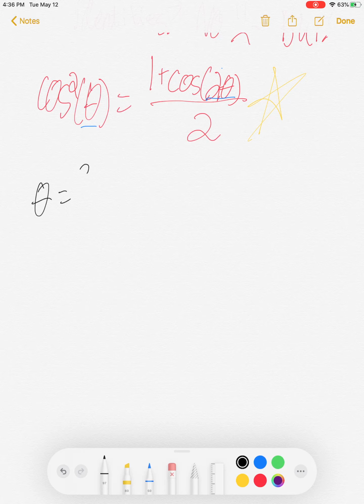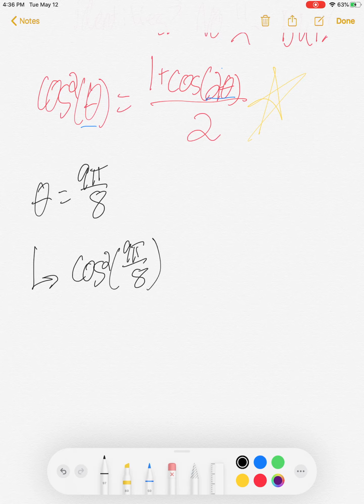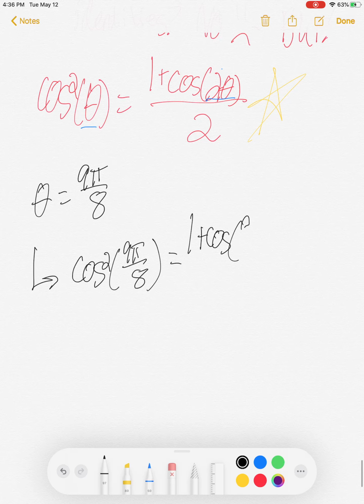If I let theta be 9 pi over 8, then cosine squared of 9 pi over 8 is equal to 1 plus cosine of 2 times 9 pi over 8, which is 9 pi over 4, all over 2. Just using this identity with theta equals 9 pi over 8.